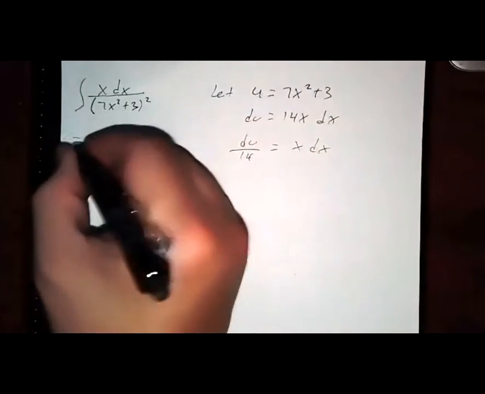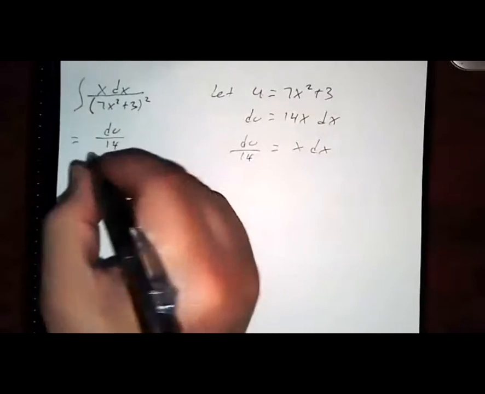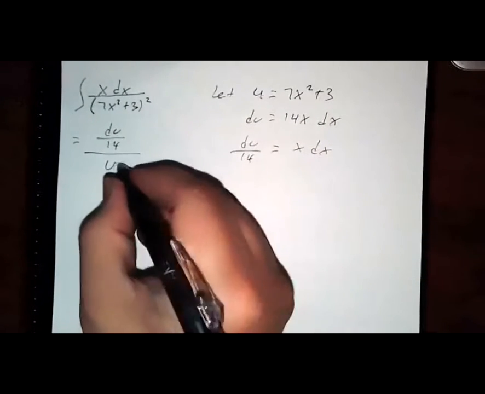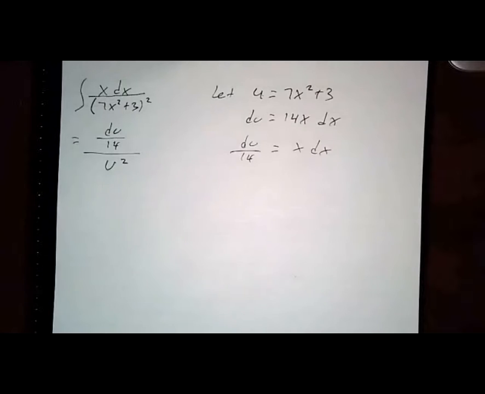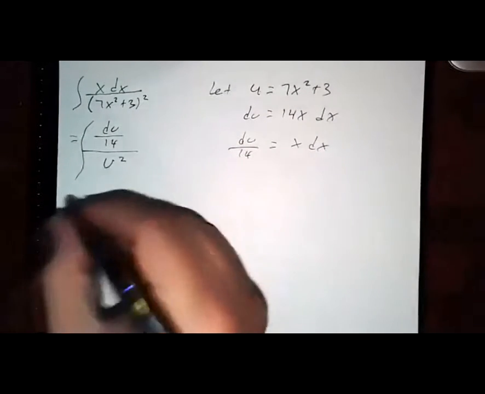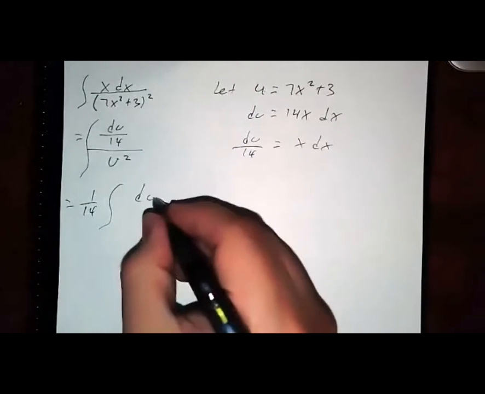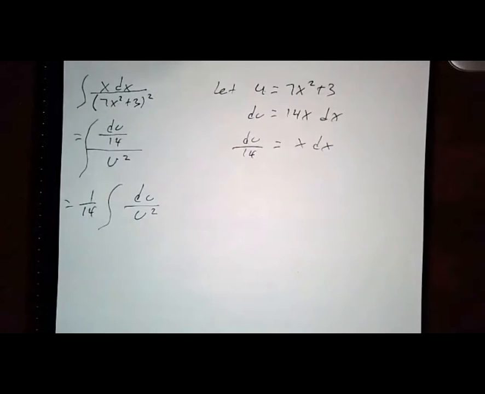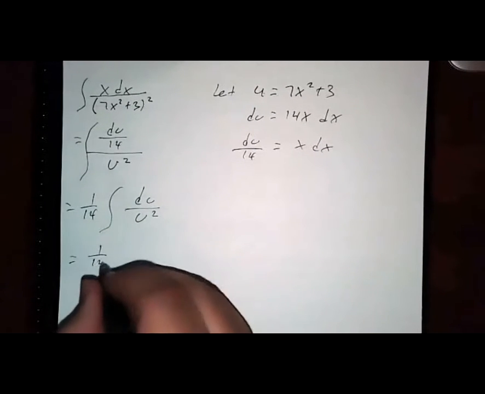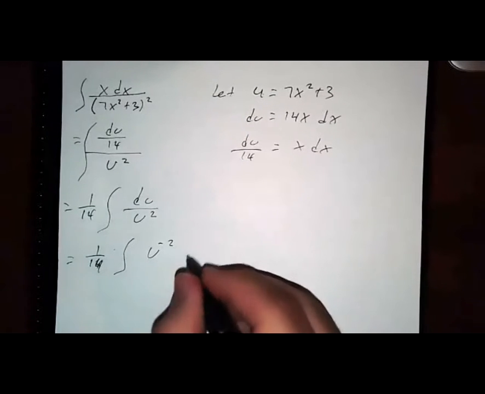Okay. du over 14 over u squared. Pull out the 14. We will have 1 over 14 integral of du over u squared, which is simply the integral of u to the -2 du.